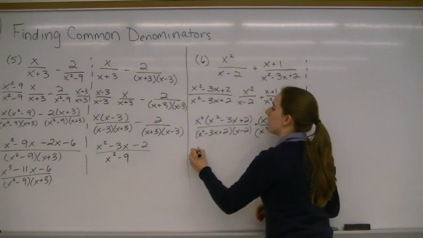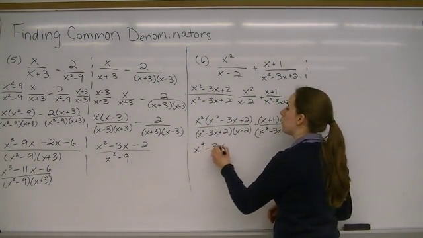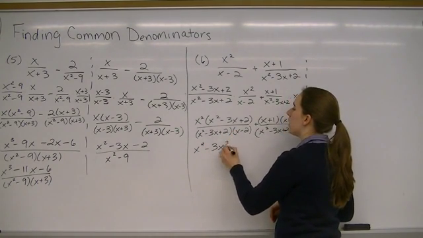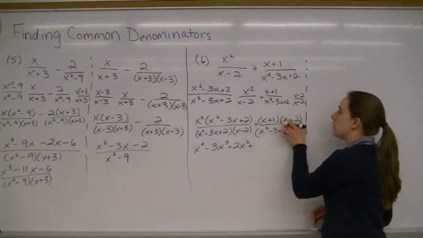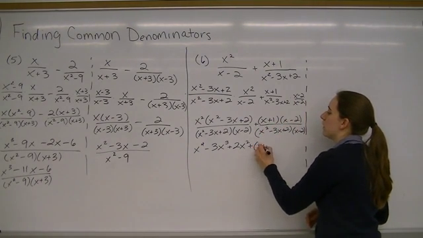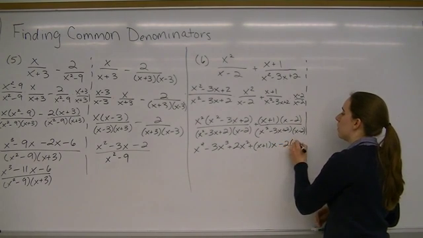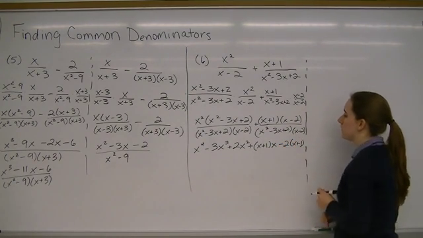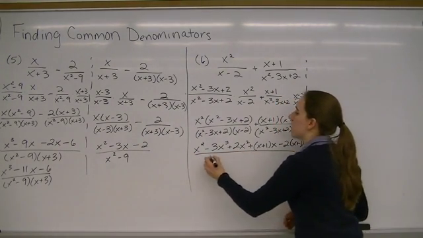So x to the 4th from x squared times x squared, minus 3x cubed, plus 2x squared. Plus, and then I need to distribute this first factor through the second one, and that whole thing goes over the common denominator.